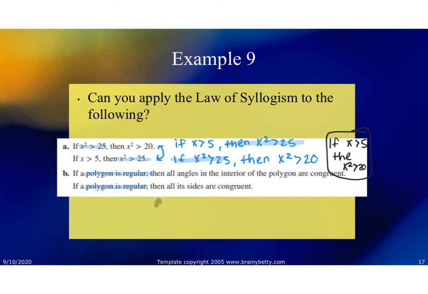So we cannot apply the law of syllogism. Okay? Because it has to be used as a hypothesis and a conclusion.